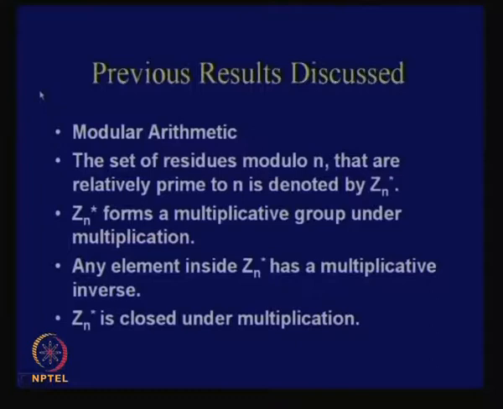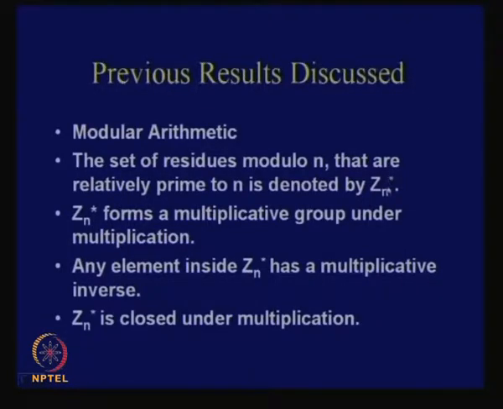So, previous results: if you remember, last time when we studied number theory, we studied modular arithmetic. We have more or less seen what is meant by modular arithmetic, and Zn star was used to denote the set of residues modulo n that are relatively prime to n. I hope you remember this notation.